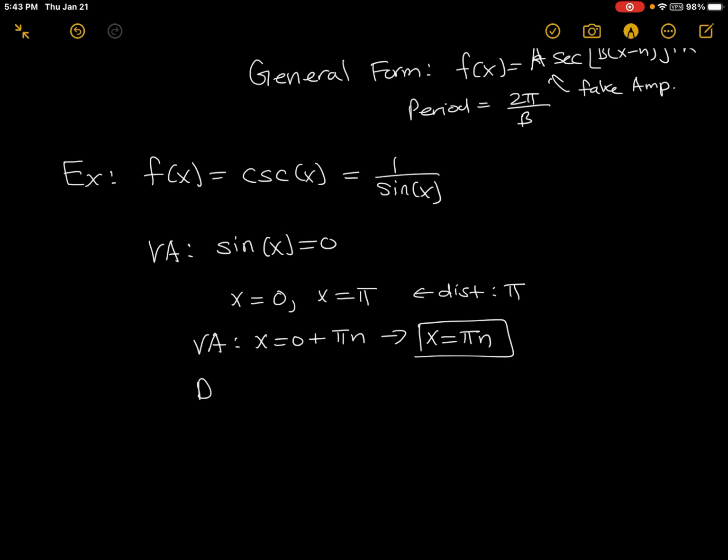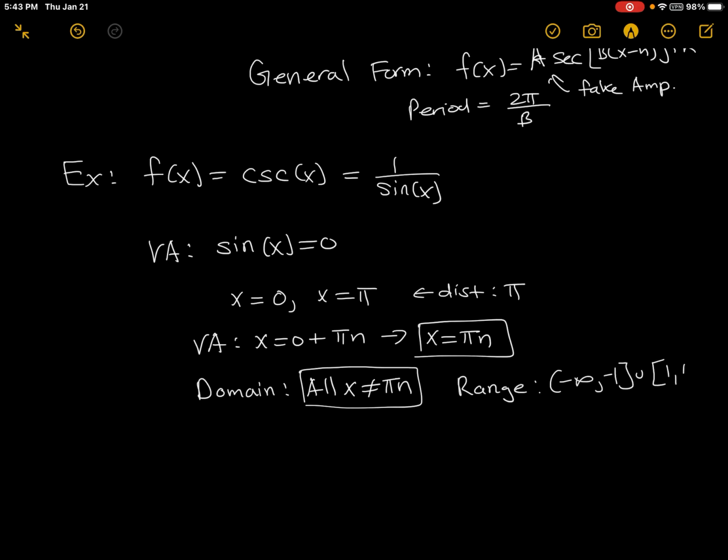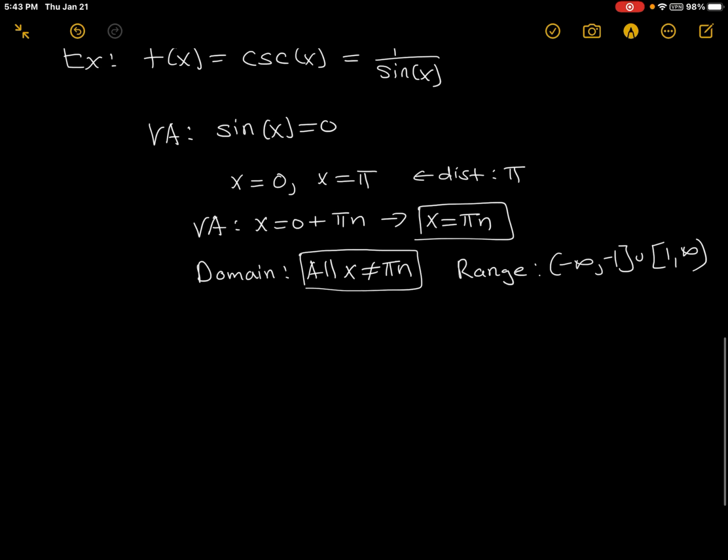Once you have the VA, you can also state the domain. The domain is all x not equal to pi n, because the graph cannot cross those vertical asymptotes. Otherwise, you'll be dividing by 0. And the range, once you see the graph, is the exact same thing: minus infinity to -1, union 1 to infinity.